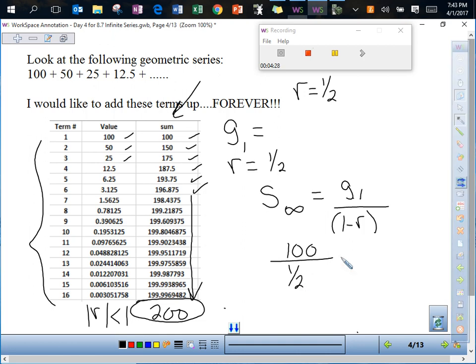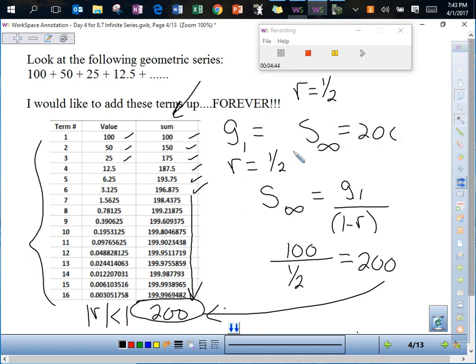If you run that through your brain or your calculator, I'm going to get 200. Notice that's where I was going. So I can say this, the sum, as we sum this up to infinity, is going to be 200. Sometimes we'll say the limit as we approach infinity is going to be that sum. But I'll use S sub infinity the most.